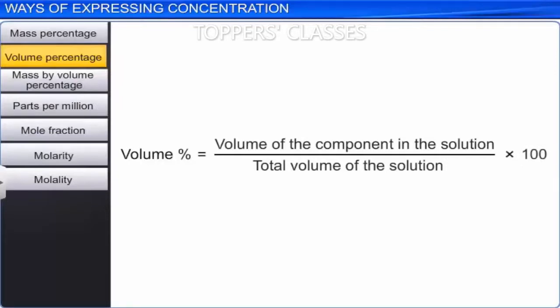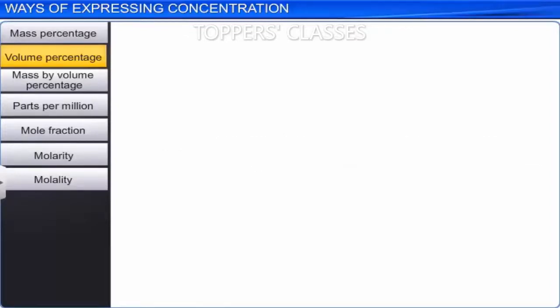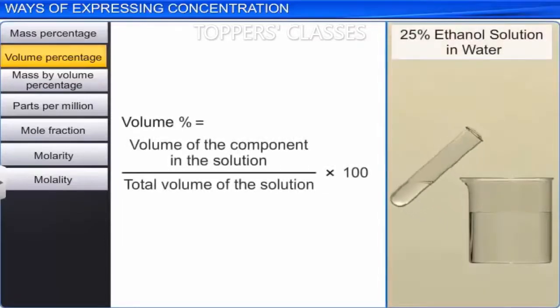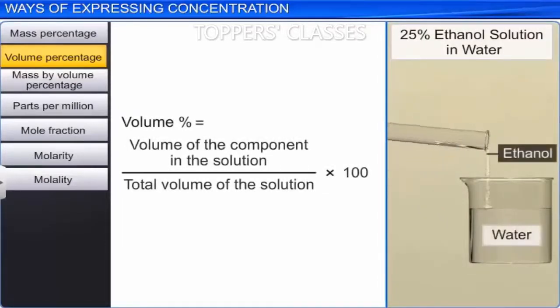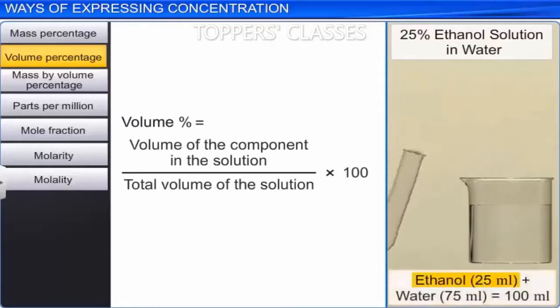The concentration of solutions where both the solute and the solvent are liquids is commonly expressed using this method. For example, a 25% ethanol solution in water means 25 milliliters of ethanol is dissolved in 75 milliliters of water, such that the total volume of the solution is 100 ml.